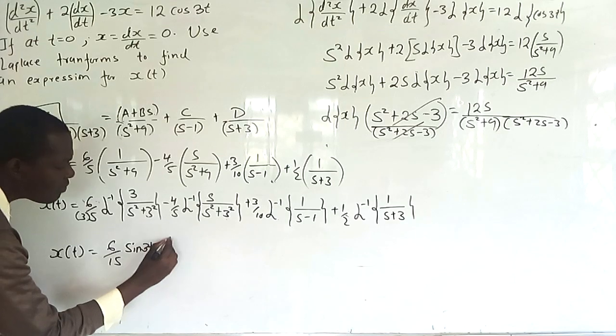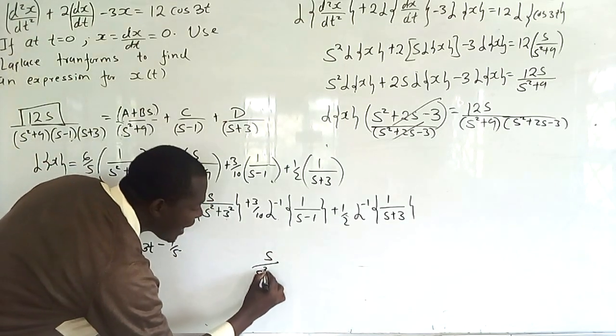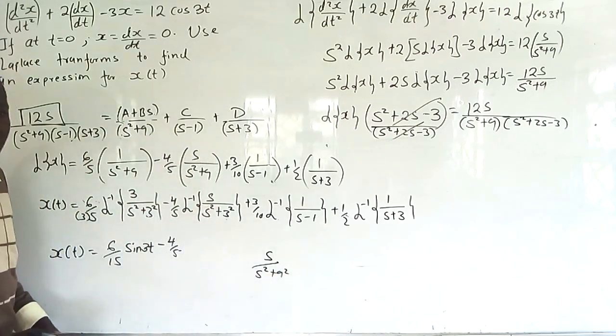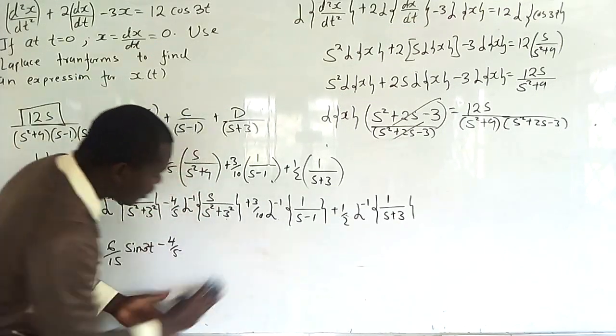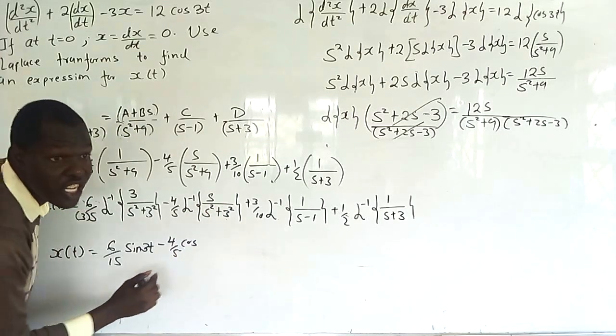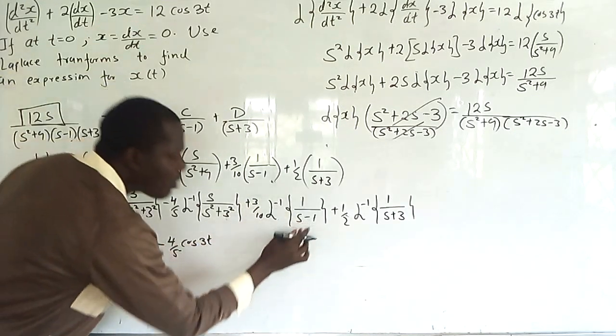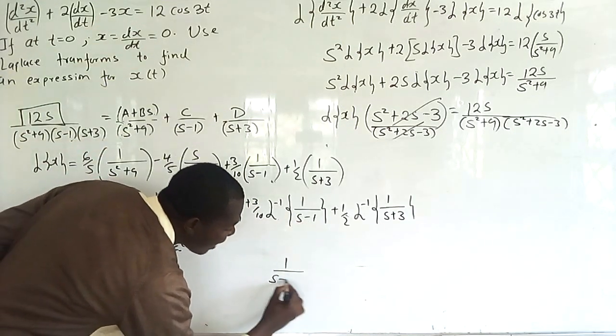Then here you have negative 4 over 5. Then in the table, where do you have s over s squared plus a squared? Cos at, isn't it? Your a is 3, so this is cos 3t. Very good. Then you go here in the table. Where do you have 1 over s minus a?